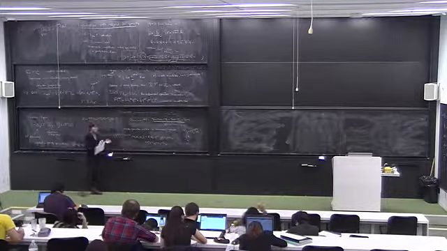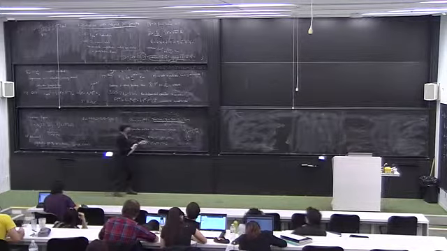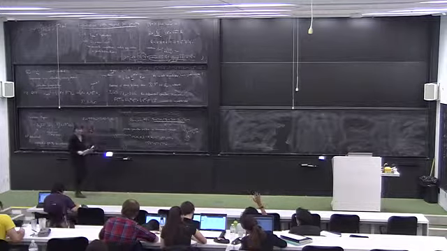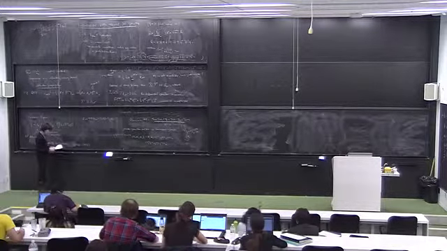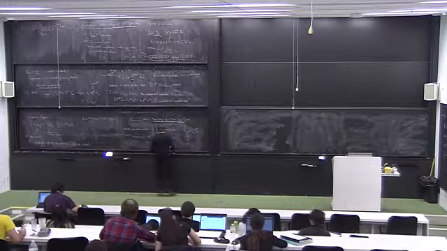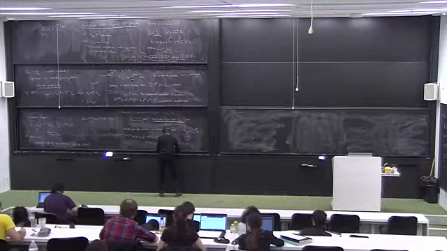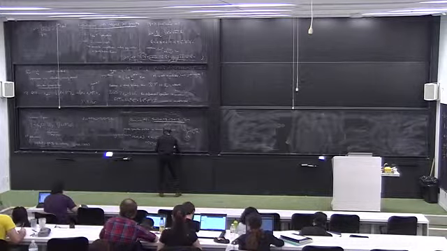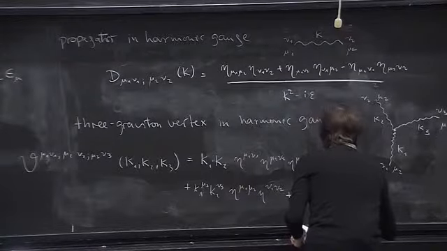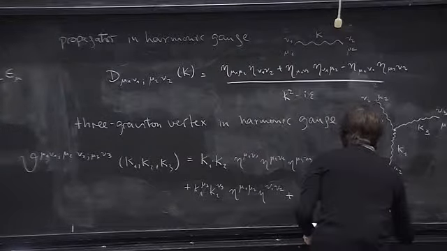So you can make a general ansatz, and then you can fix all the coefficients on the right-hand side. And that's a heck of a lot of work. Plus more than 100 other terms of this kind.